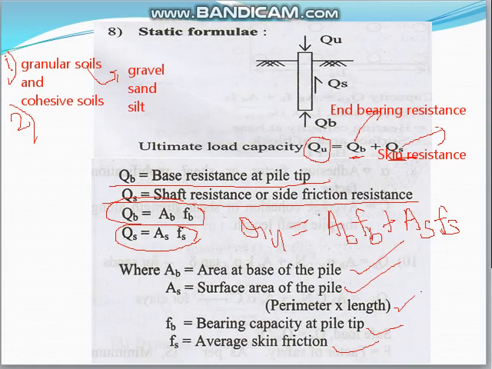Note down this formula, very important. This is the static formula used for the ultimate load carrying capacity of a pile. The expressions for granular soils and cohesive soils are given next.